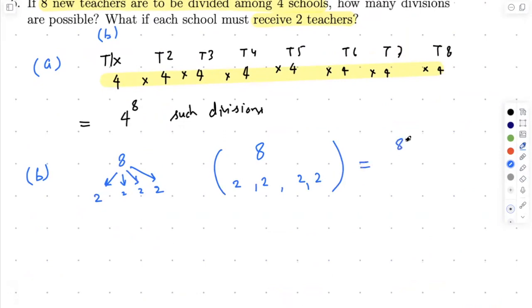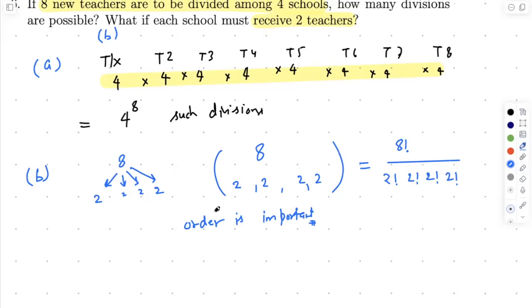It is going to be 8 factorial divided by 2 factorial, 2 factorial, 2 factorial, 2 factorial. And I'm writing here: order is important. Whenever you assign the teachers to the schools, order is important here. So in this case, it is going to be 8 factorial divided by (2 factorial) to the power 4, and the answer is an easy task for you. I hope up to this point, everything is understood.